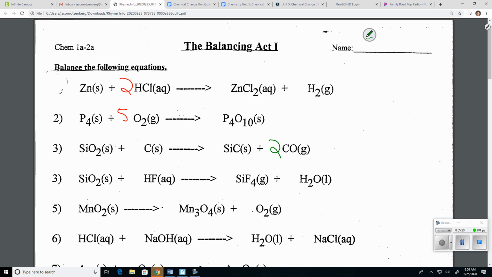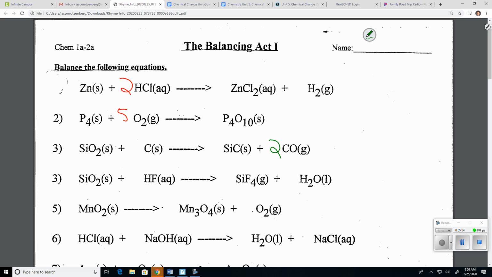Notice how me putting that 2 in front of the CO, that's carbon monoxide, by the way, affects not only the oxygen, but the carbon. I have to keep that in mind. Because now, carbon on the left-hand side, there's only 1. On the right-hand side, there's 1 from the first product, and there's 2 from the second product.